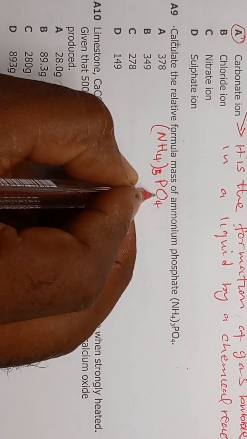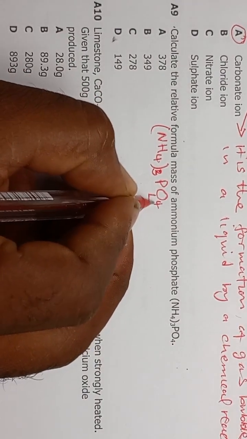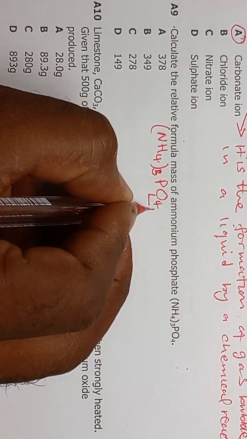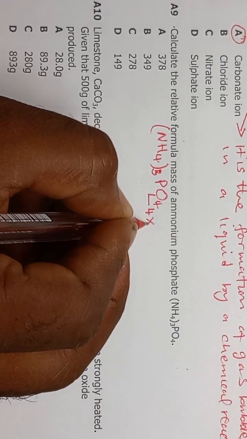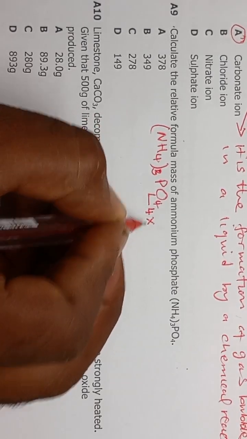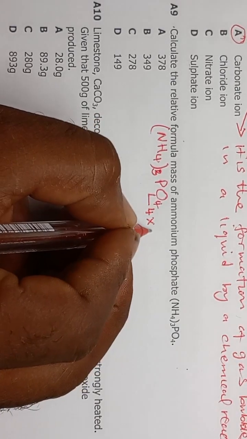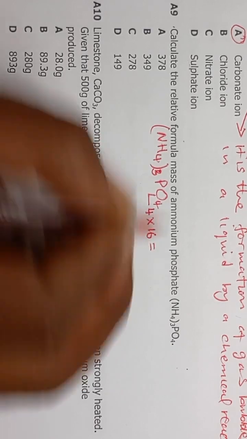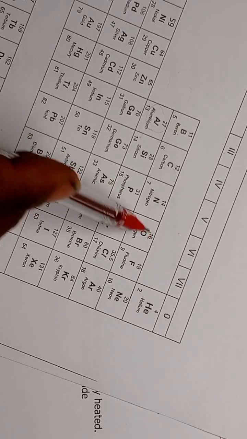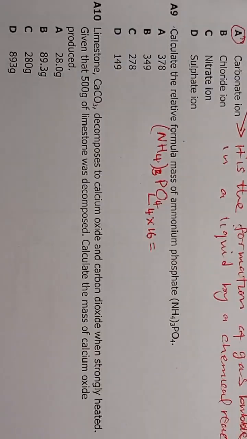In this case, we've got oxygen. We have 4 atoms of oxygen, so 4 times the relative atomic mass of oxygen, which is 16.